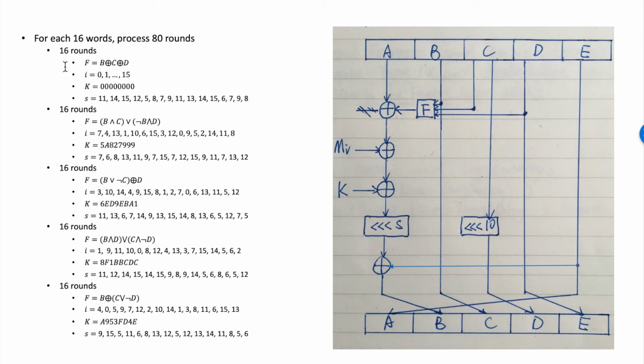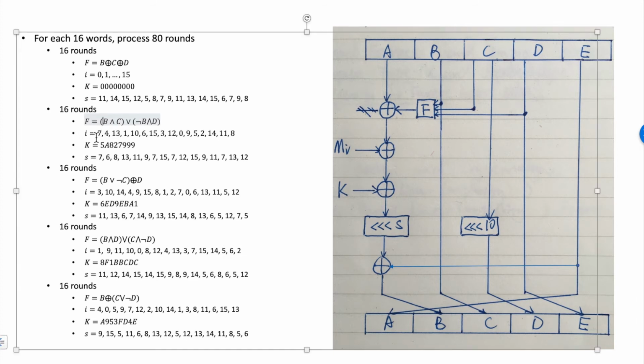After that, let's see the second 16 rounds. The calculations are the same, but with a different function and different parameters. The function is defined like this, and the message words are not used in the same order as the first one; they are in this order.